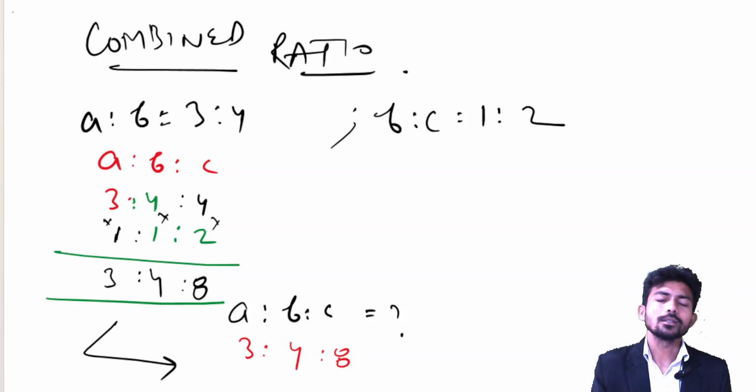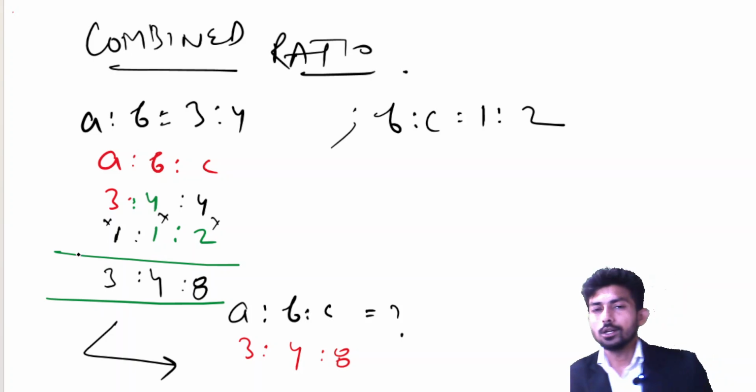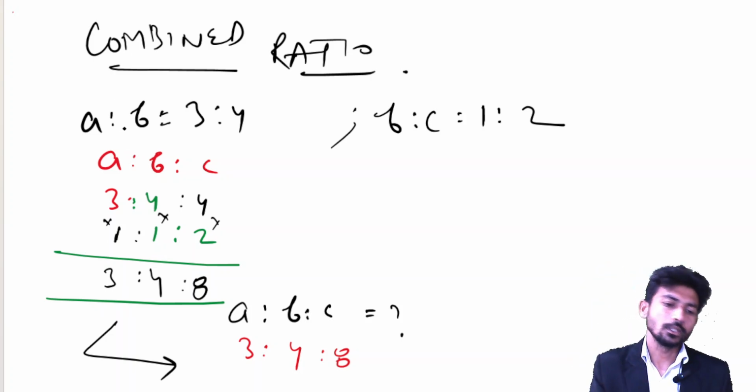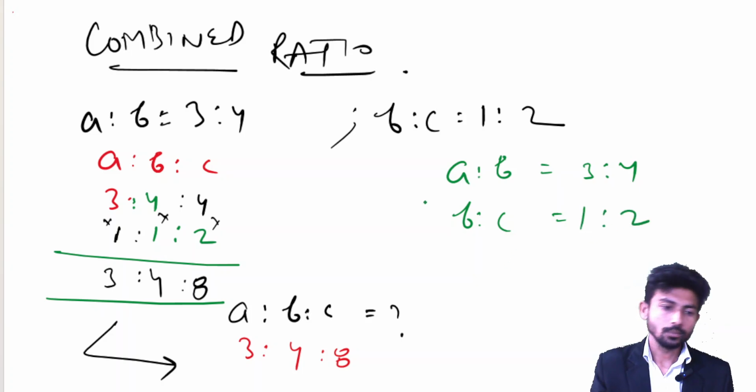Apart from this method, some people also use the reverse N method, which is also a good one for this, where there are three terms like A, B, and C. How does that reverse N method work? Let's see that. If I'm writing here that A ratio B is 3:4, B ratio C is 1:2.